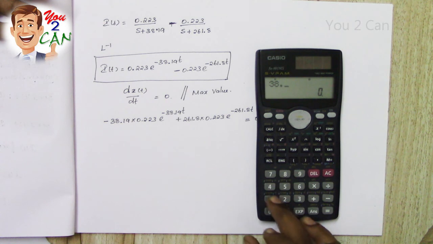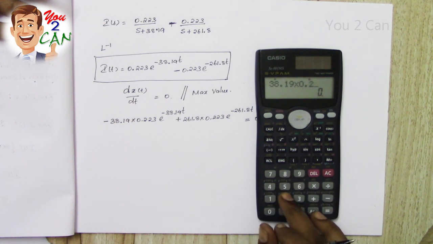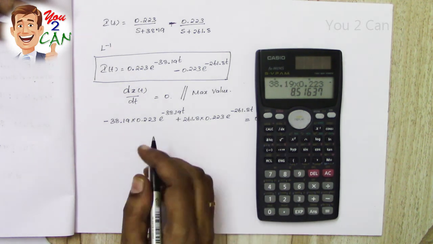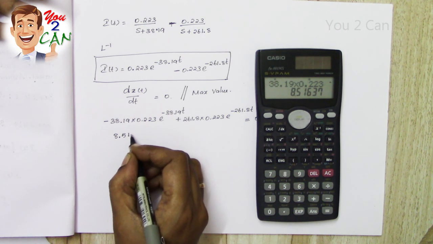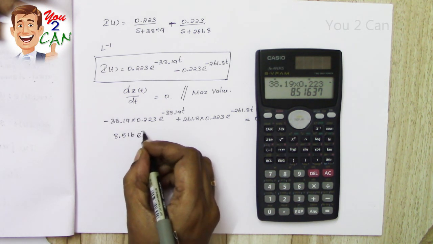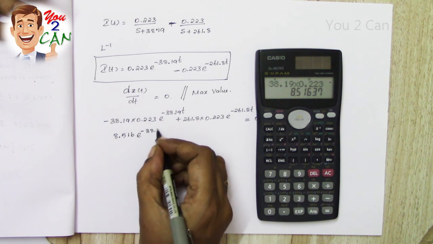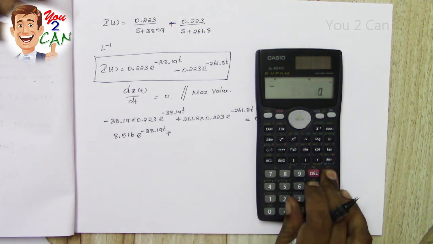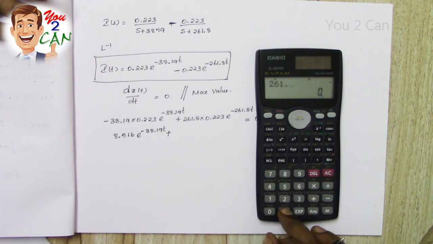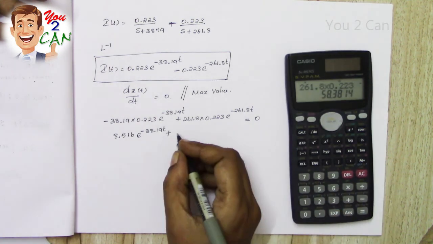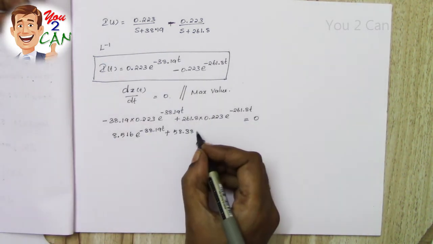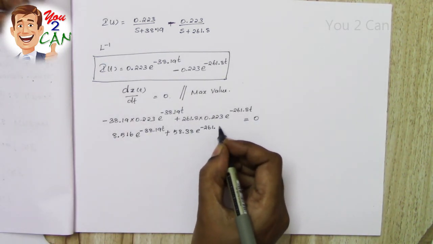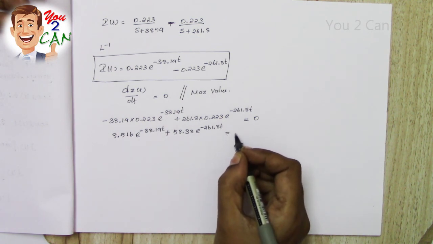38.19 into 0.223 will be equal to 8.516 e power minus 38.19t, plus what is the value of 261.8 into 0.223, which will be 58.38 e power minus 261.8t, equal to 0.